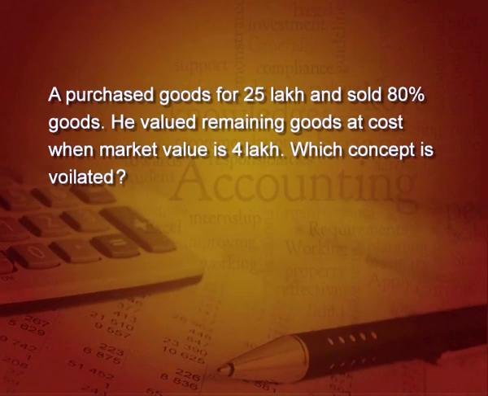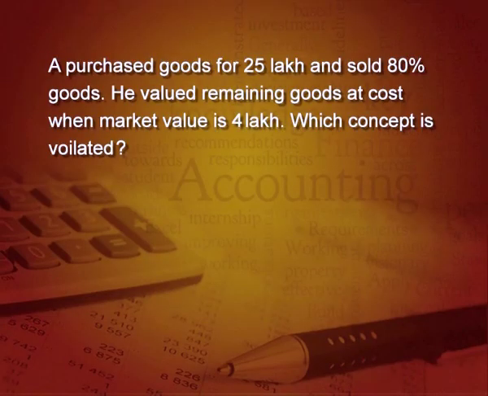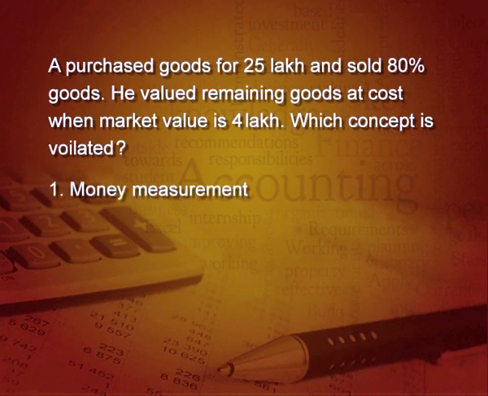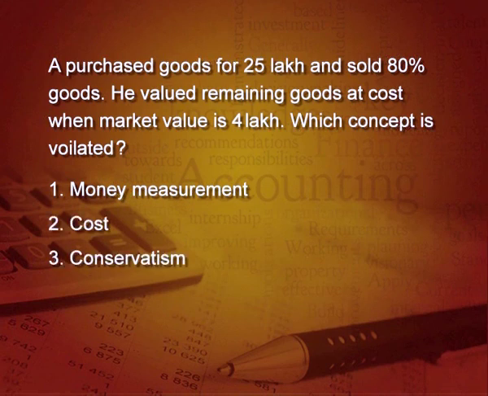A purchased goods for 25 lakh and sold 80% of the goods. Now, how much is remaining? 20%. What is the value? 5 lakh. Now, he valued the remaining goods at cost, that is 5 lakh, when the market value is only 4 lakh. Now, which concept is he violating? Money measurement, cost, conservatism or periodicity?